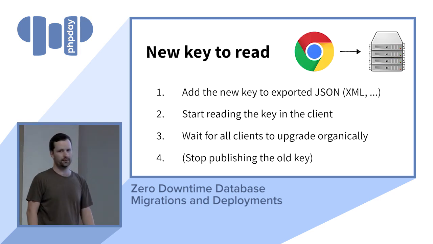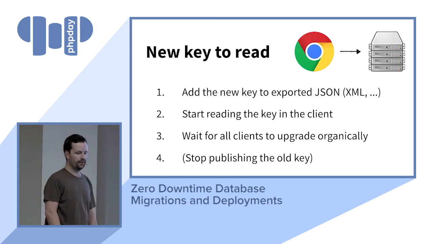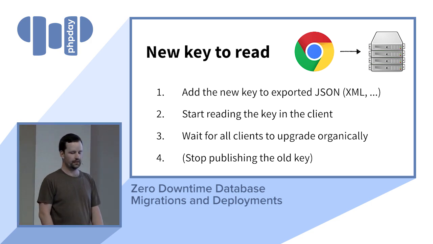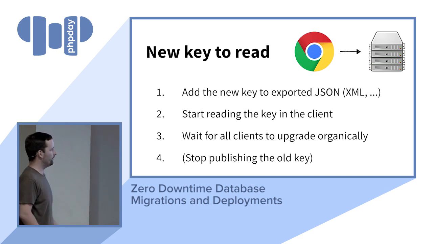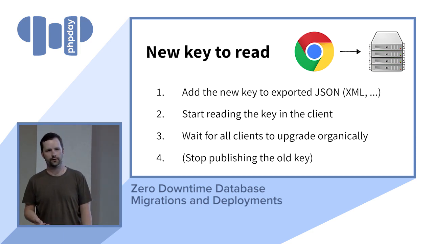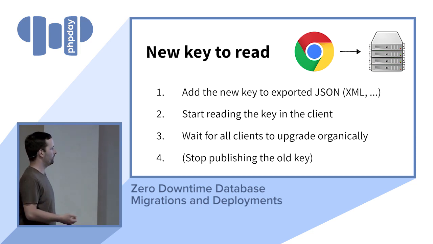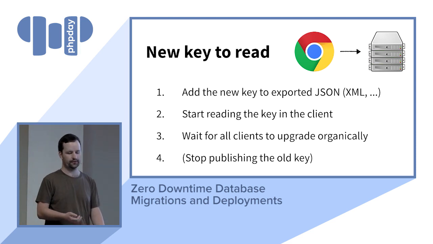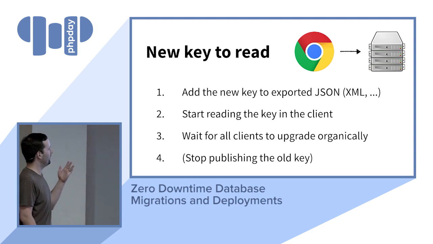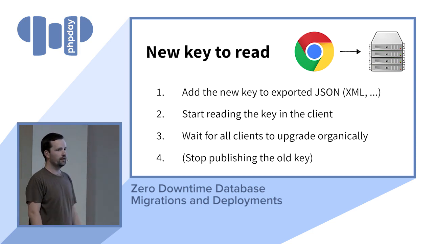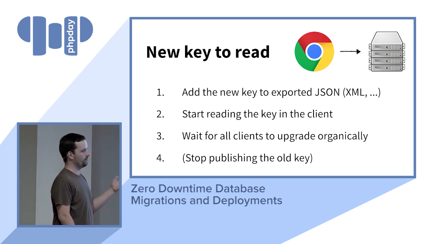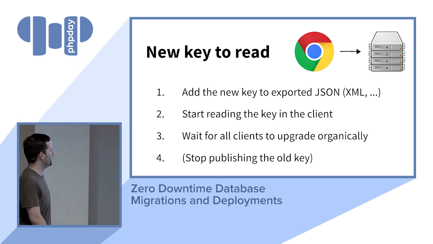Another typical client-server relationship is when you have a single-page JavaScript application or you have some Ajax functionality. So when you have some new requirements from the clients, you can either force them all to upgrade, or you can also do it continuously without them even noticing or forcing them to reload. So when you are adding a new key to read because you are adding some new capability to your client, you can first add the new key to the exported JSON or XML or whatever format you are using.